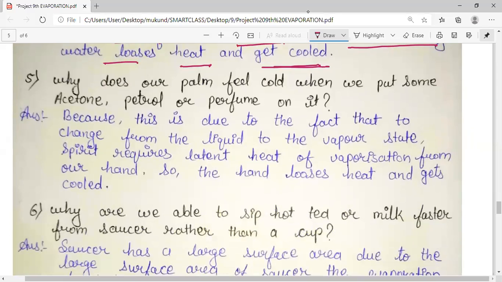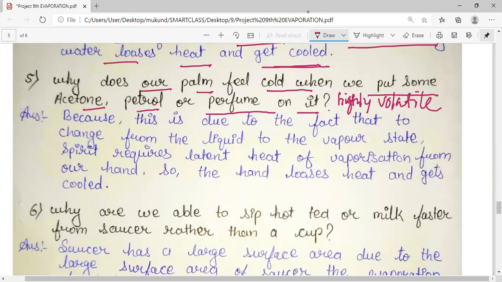Then we have the next question. Why does our palm feel cold when we put some acetone, petrol or perfume on it? Before I explain, my dear students, please remember that acetone, petrol or perfume are highly volatile. Now what is the meaning of volatile?